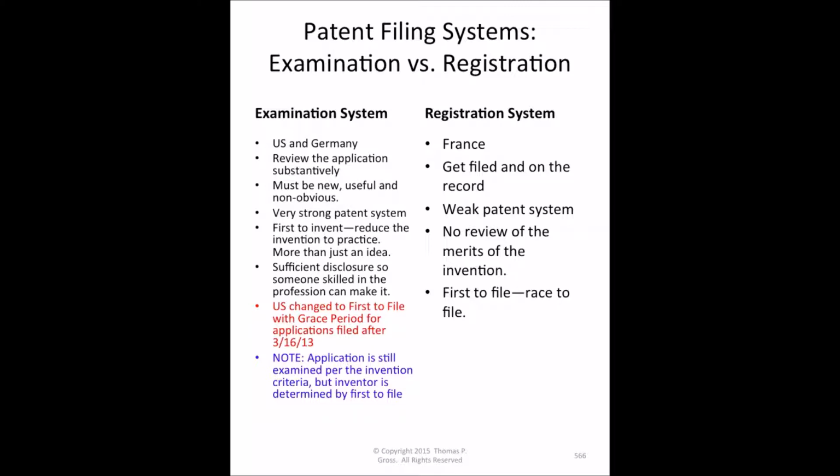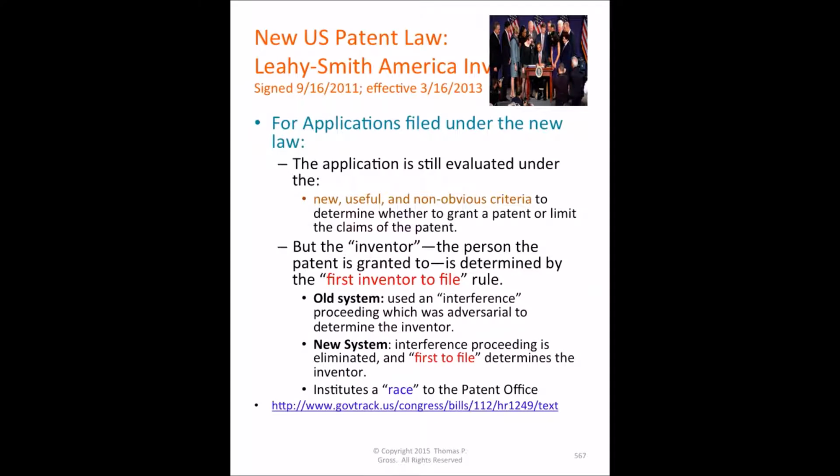Now, in the U.S. system, we did make a change in 2013 to a first-to-file system, meaning that they still look at the substantive provisions, but now if someone else files another patent, you're trying to figure out who was the inventor of this thing, because they both filed the same invention and they're arguing, well, who came up with it first?